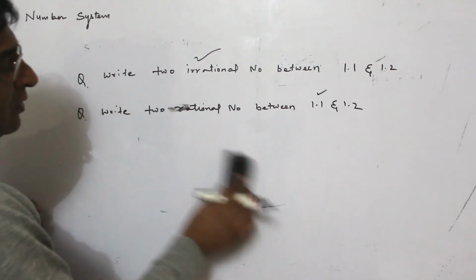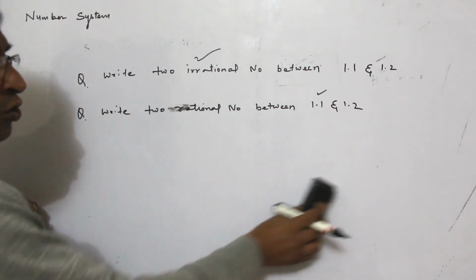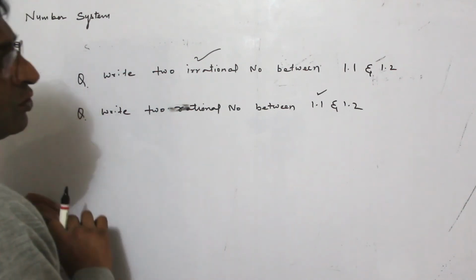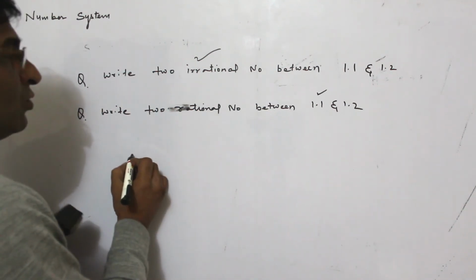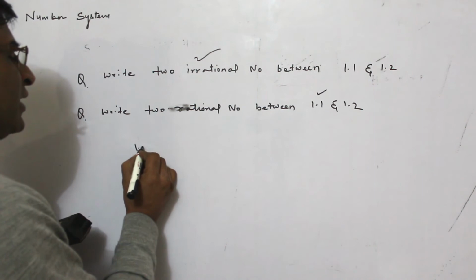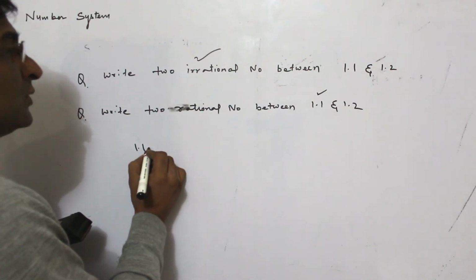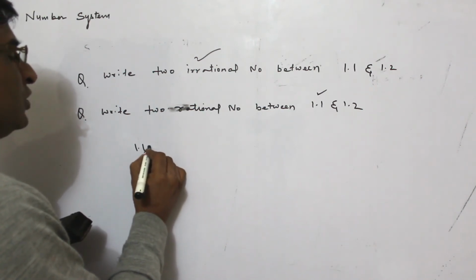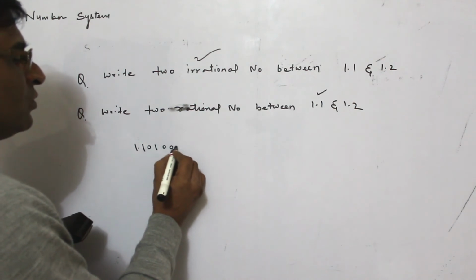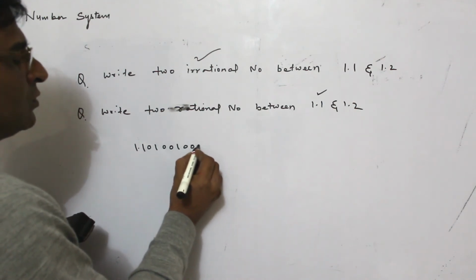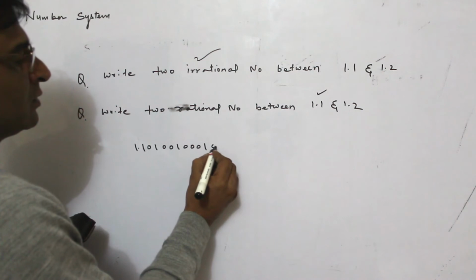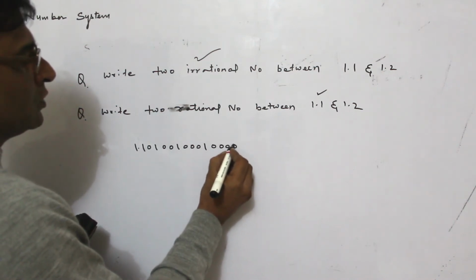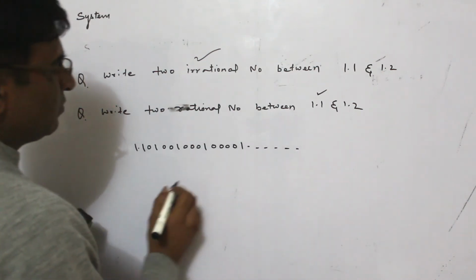Irrational number, what was the definition? Non-repeating, non-terminating. So you can say 1.1 0 1 0 0 1 0 0 1 0 0 1, and this keeps going on.